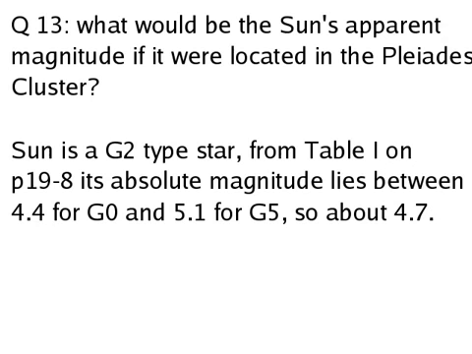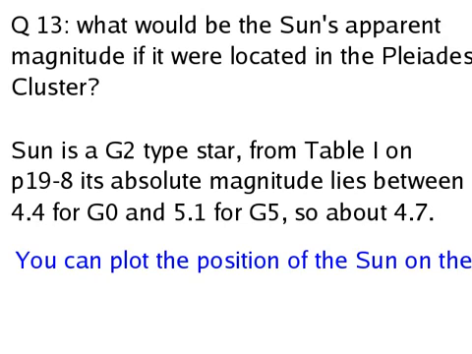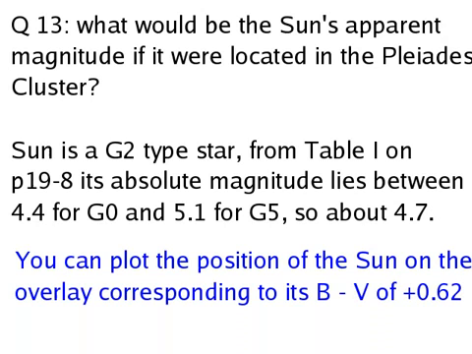You can plot the position of the sun on the overlay corresponding to its B minus V of plus 0.62 and its absolute magnitude, uppercase M, of 4.7, on the Pleiades diagram.